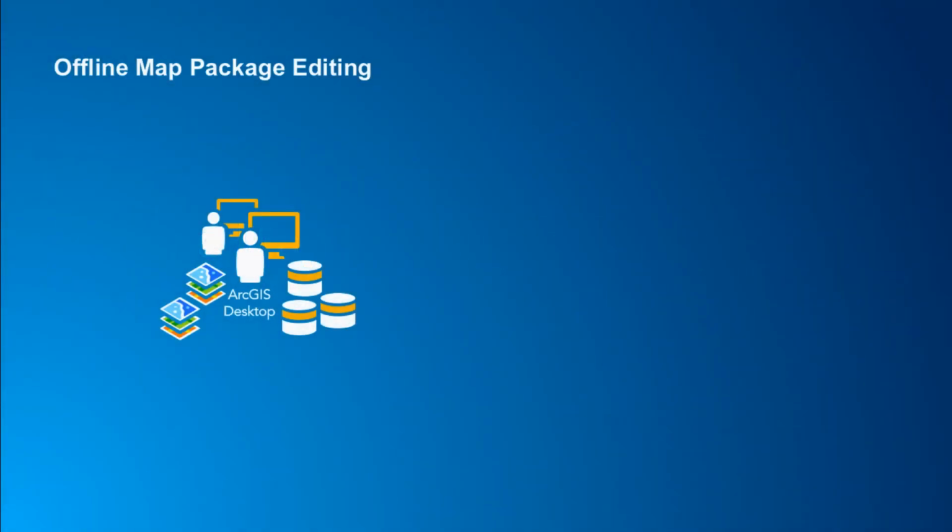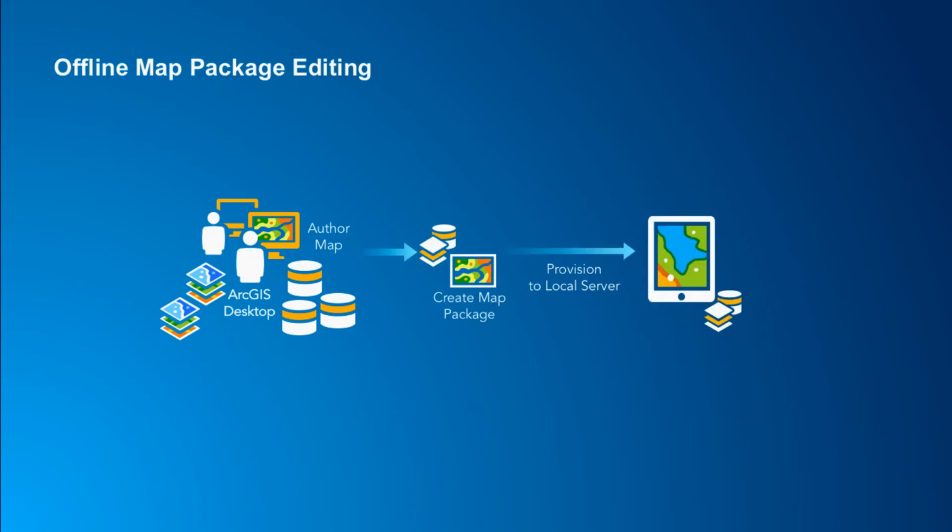So it is a common workflow to go from desktop straight out to your sort of disconnected environment and then bring the data back into desktop. And today we can do that using tools inside of ArcMap. And so the process is you author your map, you then package up that map and data into a map package, and then you sideload or you provision that map package onto your machine that you have out in the field.